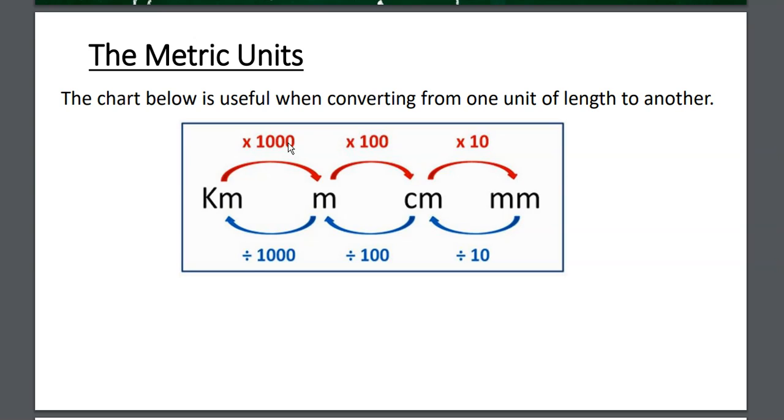Or, if you think about it a little bit more cleverly, you could do a single calculation, but multiply by, well, how many zeros do we have? 1, 2, 3, 4, 5, which is 10,000, okay? No, it's not. It's 100,000. Excuse me. So to get from kilometers to centimeters slightly quicker, rather than typing into your calculator times 1,000 and then times 100, you could just write times 100,000. Okay.